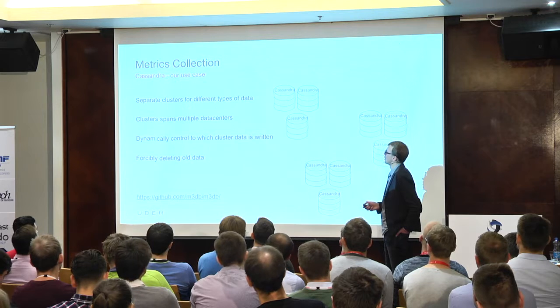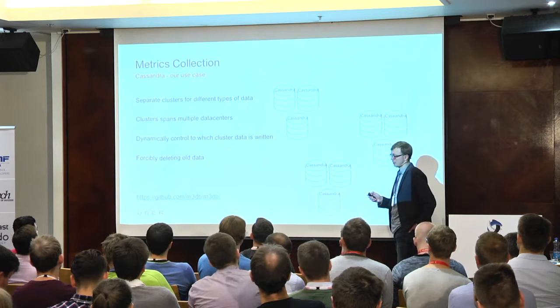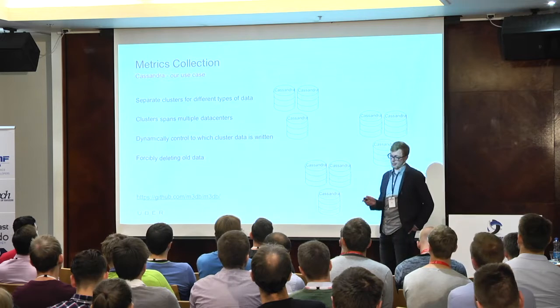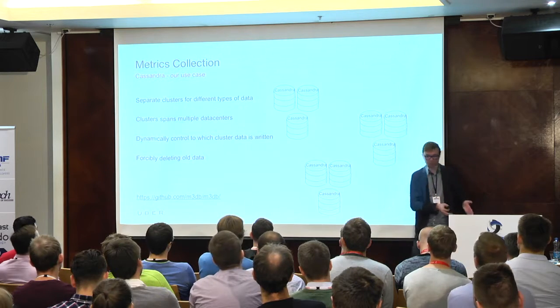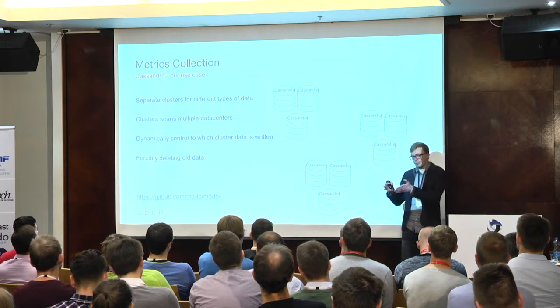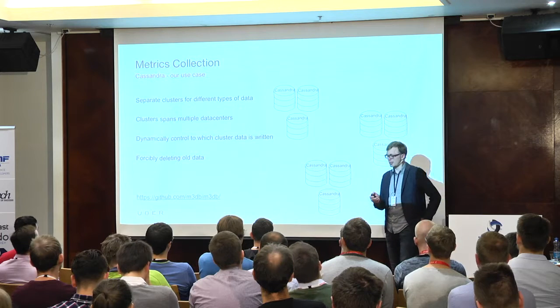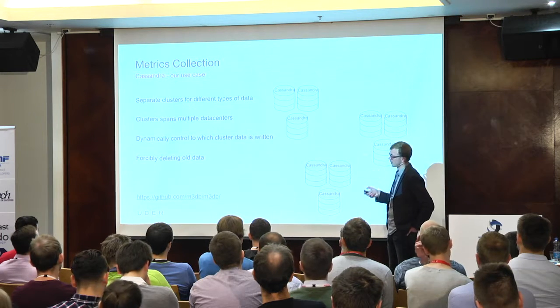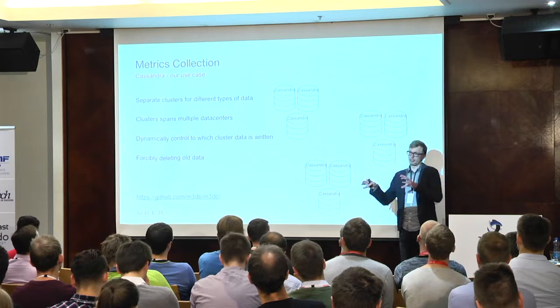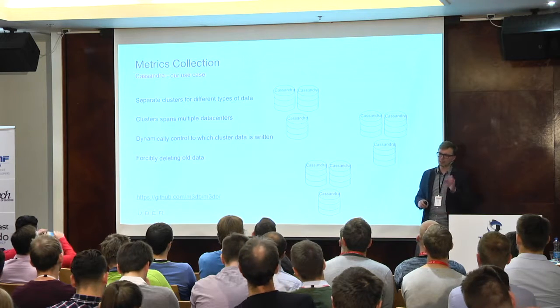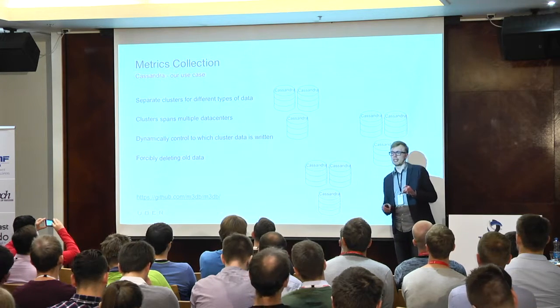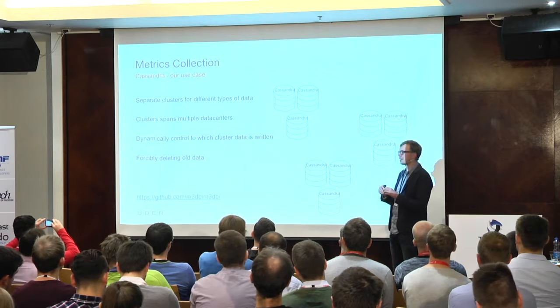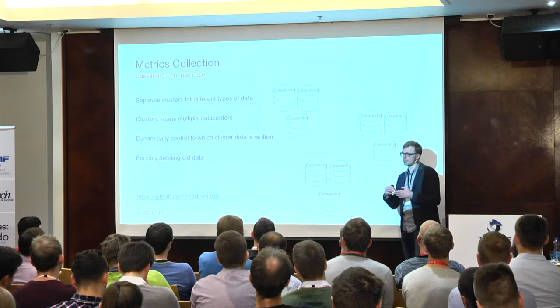We also figured out that the data we collect has different retention policies, different types of data. Initially, we had one huge Cassandra cluster. Then we split it to handle those different cases. That made managing clusters a lot easier.